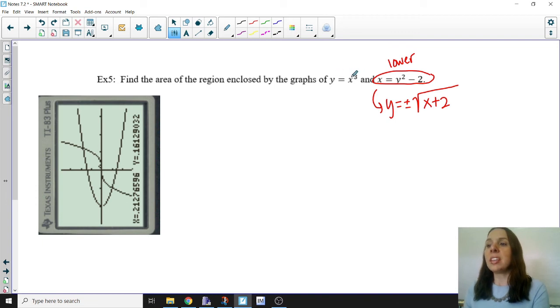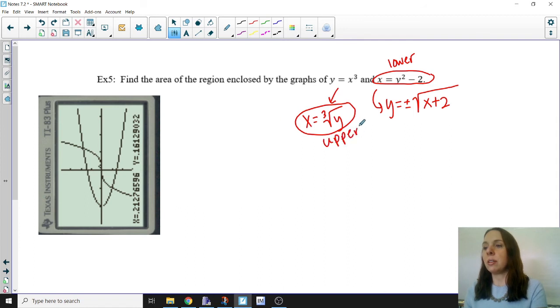I want to take this equation then, and I'm going to solve for x. Cube root both sides to do that. And when I'm looking at my graph turned like this, that is the upper function. And so now I could set up my integral as the cube root of y minus y squared minus 2 dy.